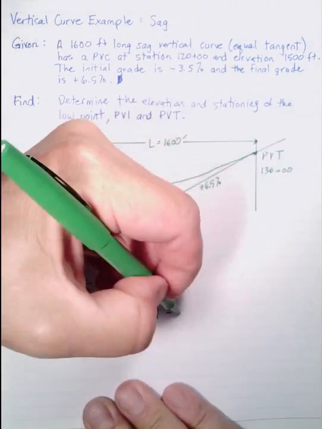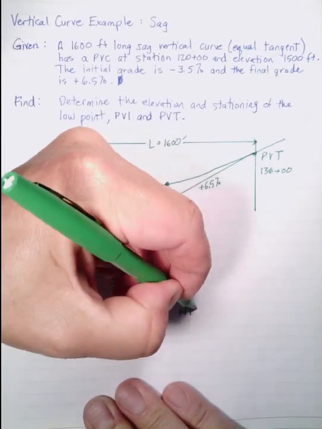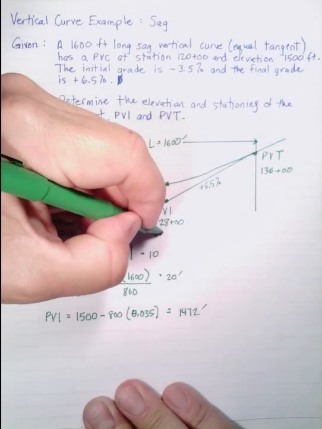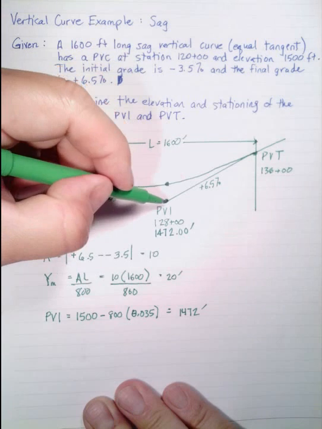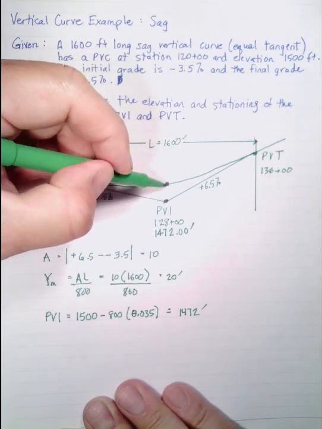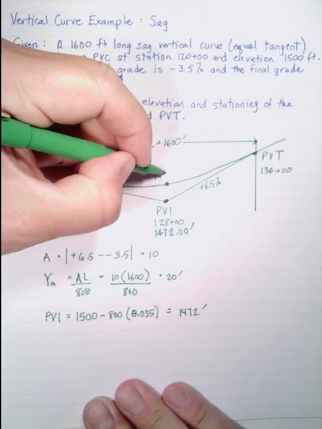So the elevation of the PVI is 1472. And so the elevation on the vertical curve is just 20 feet higher than that. So I'll write that here, 1492.